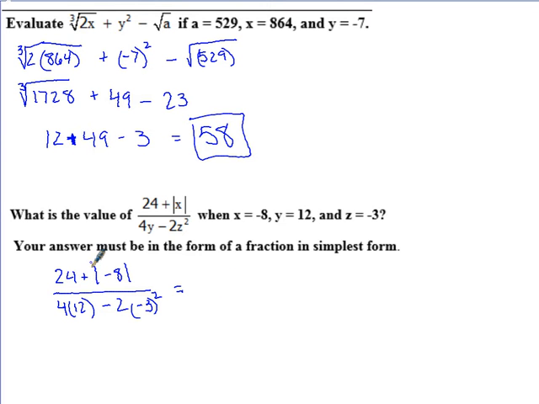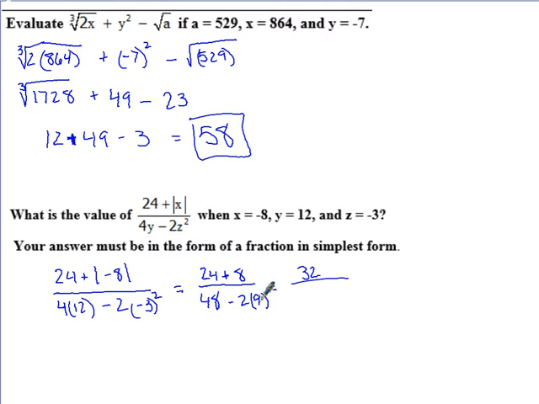So 24 plus the absolute value of negative 8. Well, the absolute value of negative 8 is positive 8. So 24 plus 8 on the top. On the bottom, 4 times 12 is 48. And then I have minus 2 times negative 3 squared. Negative 3 squared is 9. I can go ahead and simplify the top. 24 plus 8 is 32.